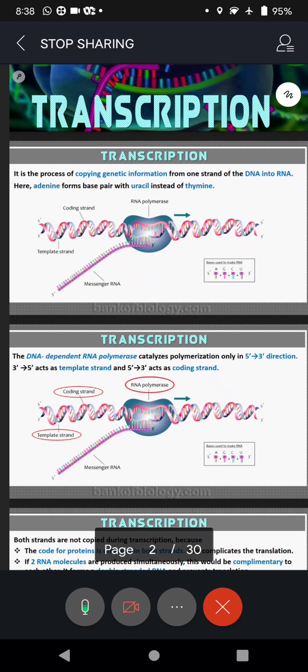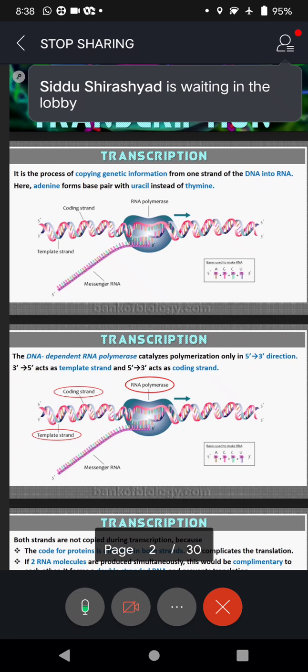One is the lighter one, having both strands N14, N14. One is the hybrid, that is N14 and N15 mix, isn't it? Based on their heaviness, sedimentation was there. And we could observe the DNA having both strands with N15 was at the bottom of the centrifuge tube.